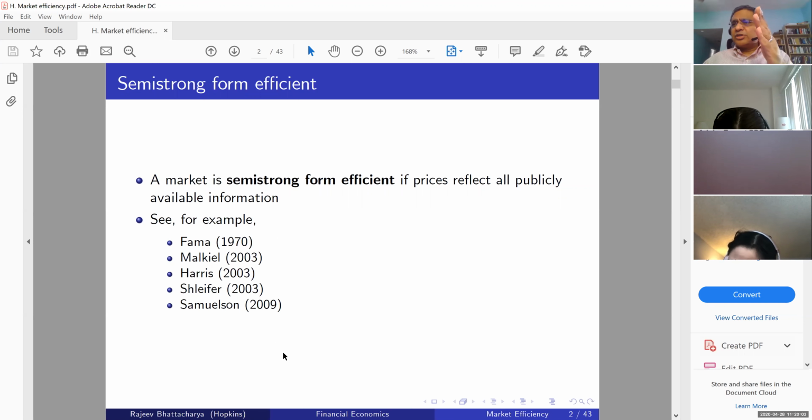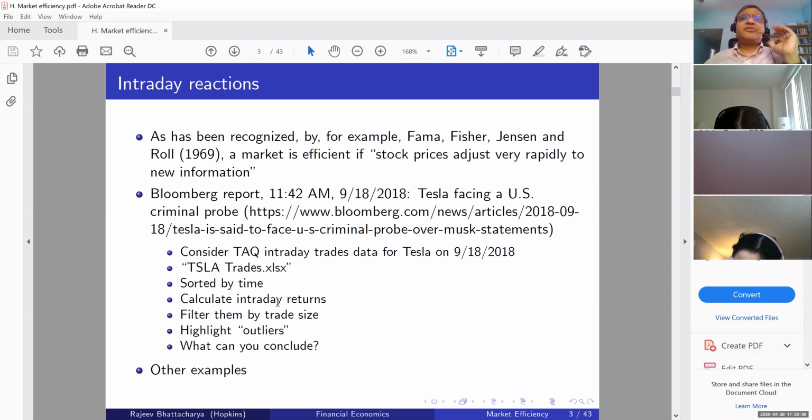Larry Harris's book on trading and exchanges, which I told you right at the beginning of the course is one of the best books to read on capital markets, especially U.S. capital markets, is still really awesome. Shleifer has done some fabulous work on deviations from market efficiency, or as we say, imperfections in market efficiency. And the great Paul Samuelson has also done some very interesting work on this.